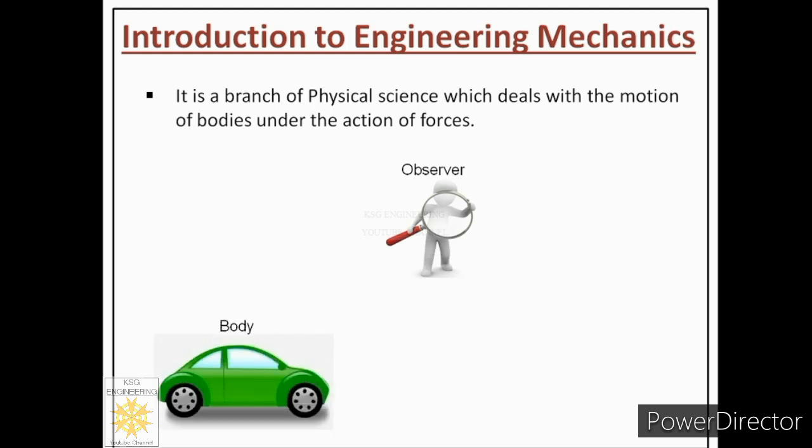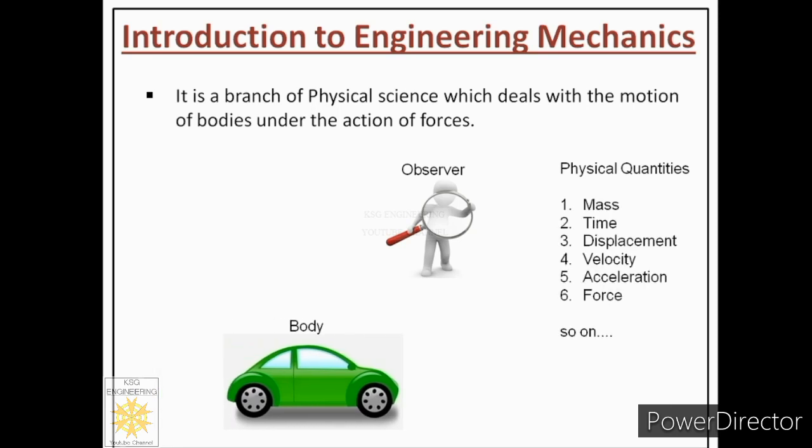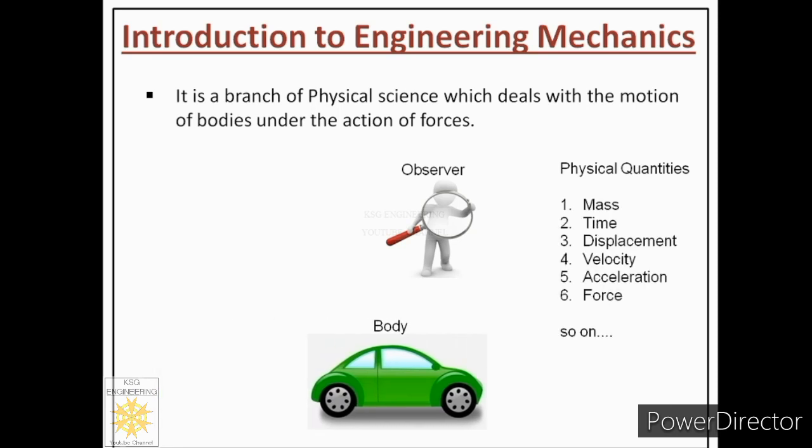We have an observer and we have a body, and we want to observe the state of motion of the body. In the state of motion, we observe a few physical quantities like mass, time, displacement, velocity, acceleration, force, and so on. The observation of these physical quantities guides us about the state of motion of the body.